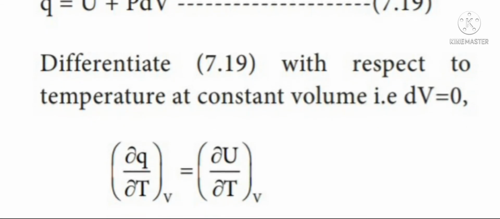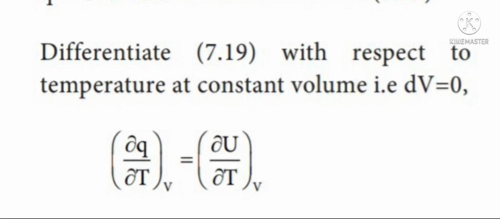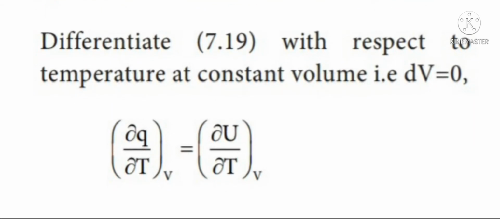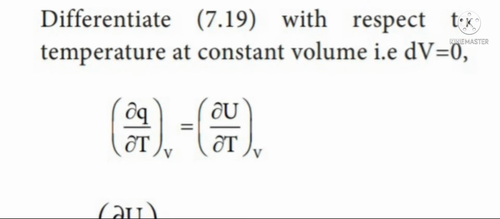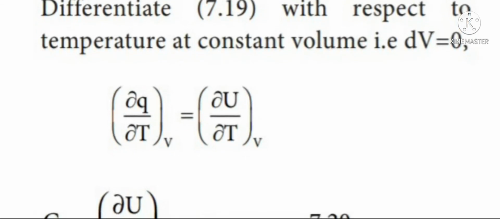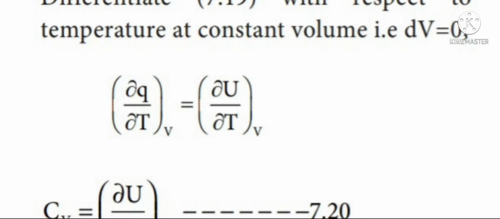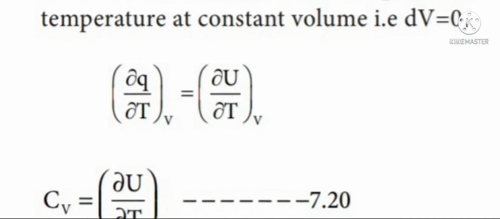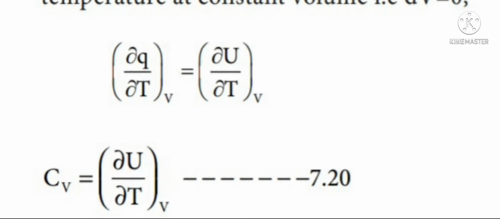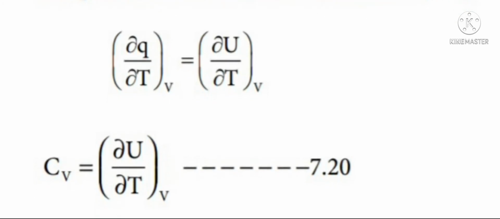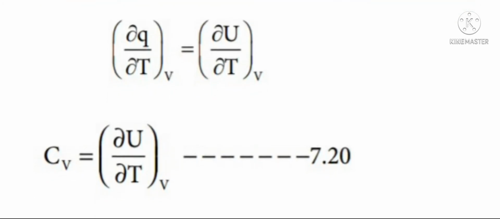Then the equation becomes dQ by dT at constant volume is equal to dU by dT at constant volume. Therefore, Cv is equal to dU by dT at constant volume. It is given by equation 7.20.